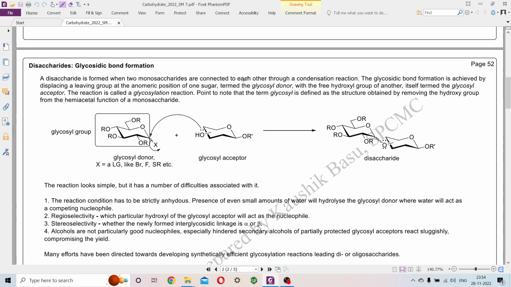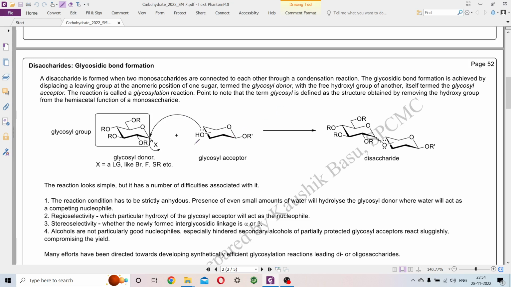Between two monosaccharides, you are going to form a glycosidic bond, and that is achieved by placing a leaving group at the anomeric carbon of one particular monosaccharide, which is known as the glycosyl donor, and then reacting that glycosyl donor with a free hydroxyl group of another monosaccharide, which is known as the glycosyl acceptor, and this reaction is known as a glycosylation reaction.